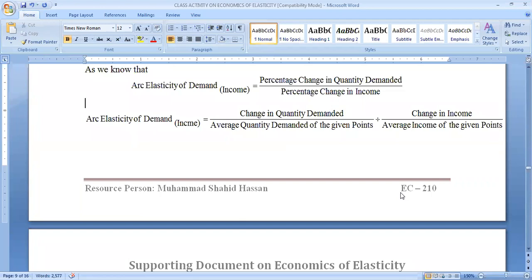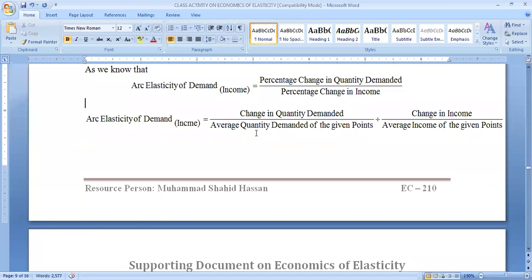Okay, let's define what is percentage change in quantity demanded. Now let's take change in quantity demanded and divide it by the average quantity demanded of the given points. Then this fraction can be converted into the sign of division. Percentage change in income can be written as change in income divided by average income of the given points.